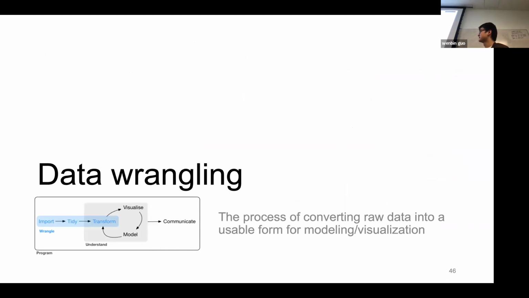But many times your raw data is not ready for a data frame. So you need to find a way to first import the data, and then clean the data in some way. And then sometimes you want to transform from long format to wide format, etc. This whole process is called data wrangling.